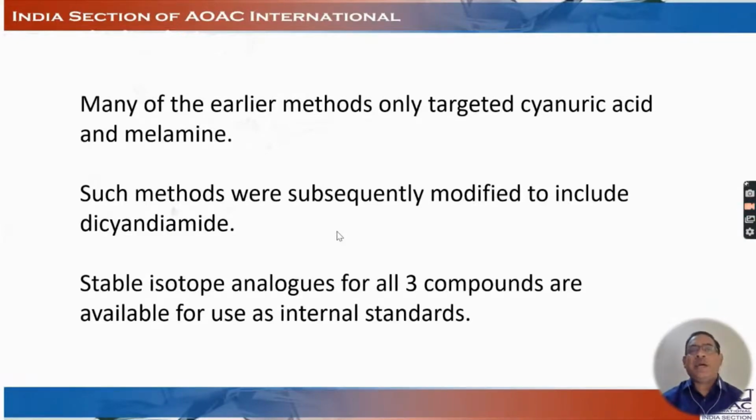So in our laboratory at National Research Centre for Grapes, we earlier found that certain plant growth hormones like chlormequat and certain quaternary ammonium compounds, which are small molecules, very polar, we tried to avoid their isotopically labeled internal standard by using special chromatographic columns, LC columns, and optimizing the gradient program in such a way that the target compound has adequate retention and it elutes at a longer retention time.